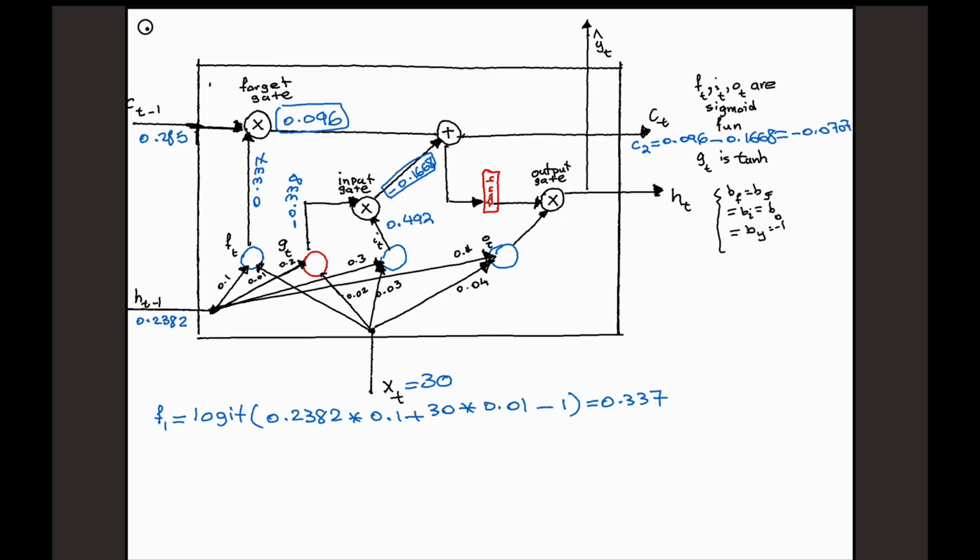So that's the long-term memory we carry to the next round. So here we pass that through hyperbolic tangent, and the output of that would be -0.0706. And then the output of O, if you just plug in numbers, would be 0.7573.